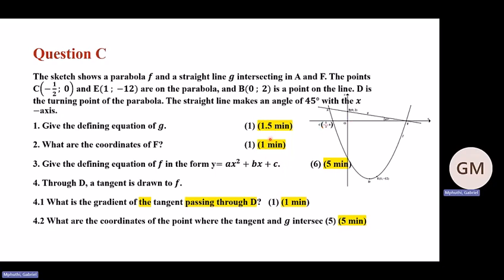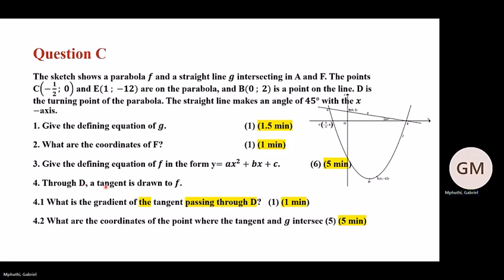Remember the x-intercept, how you do, so you will have x plus half and whatever that you have for the thing, and then you need to determine through D a tangent is drawn to F, to the function.